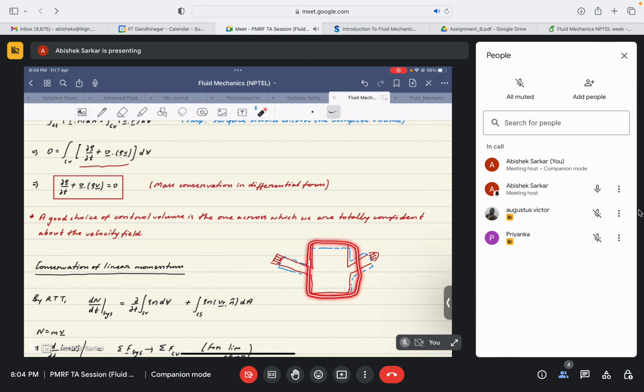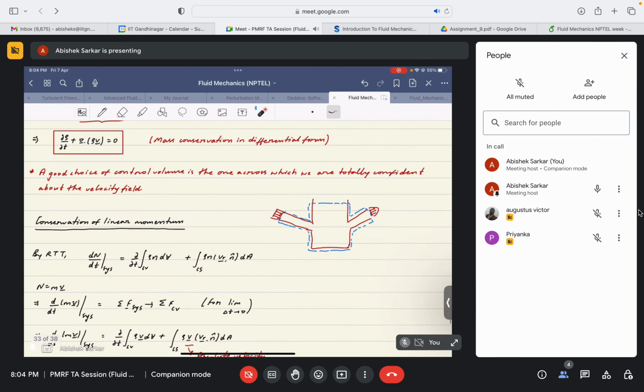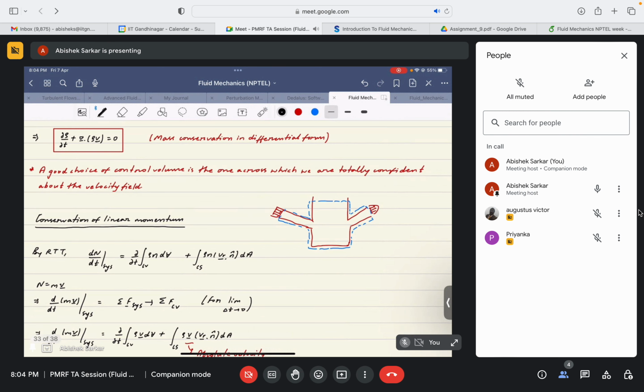That's why the right choice of the control volume would be the one enclosing both the inlets and the outlets, where the velocity profiles are known. That's why he took this example, and I also encourage you to solve different problems where you need to intelligently choose the control volume so that you can implement RTT in the most efficient manner.